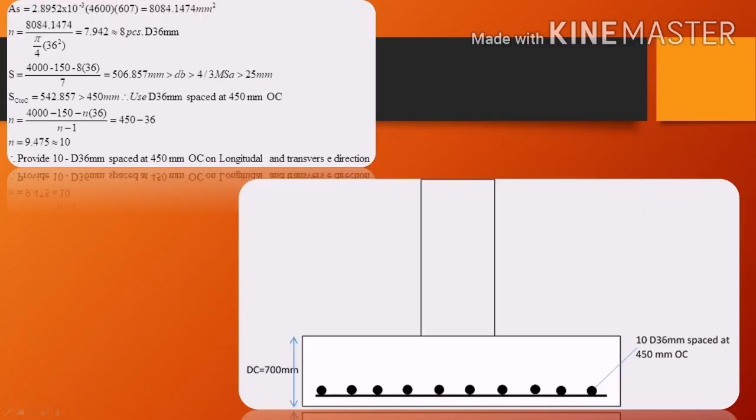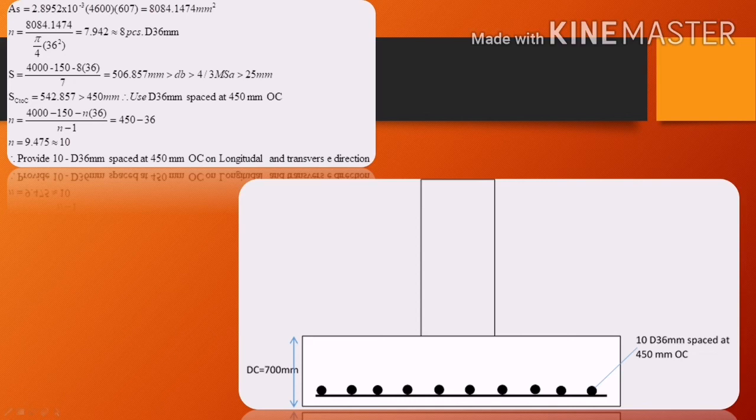AS would now be equal to 2.8952 times 10 to the negative 3 times 4,600 times 607, which equals 8,084.1474 millimeters squared. The number of bars needed would be equal to 8 pieces D36 mm.